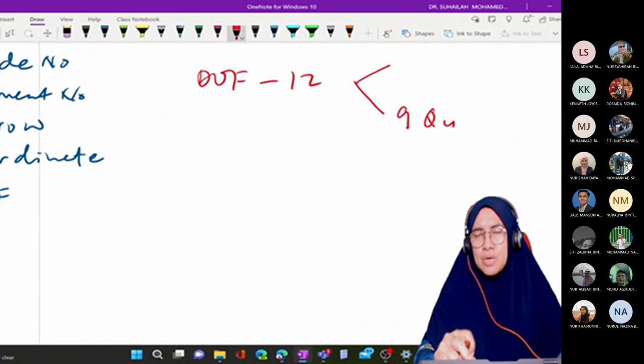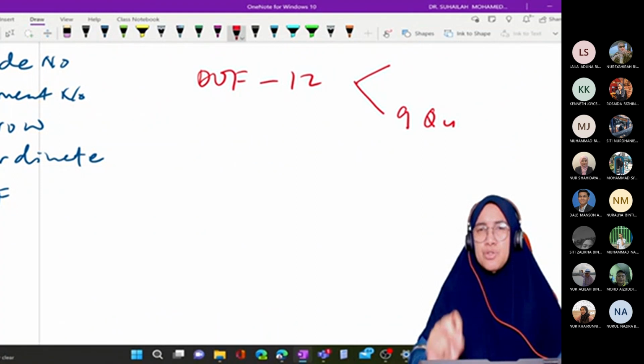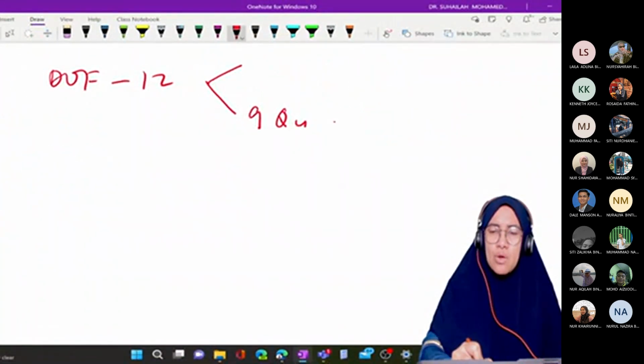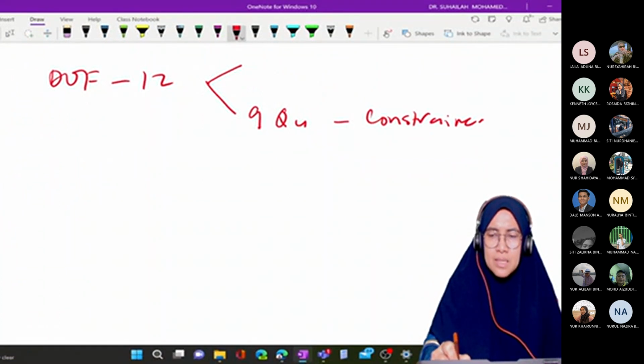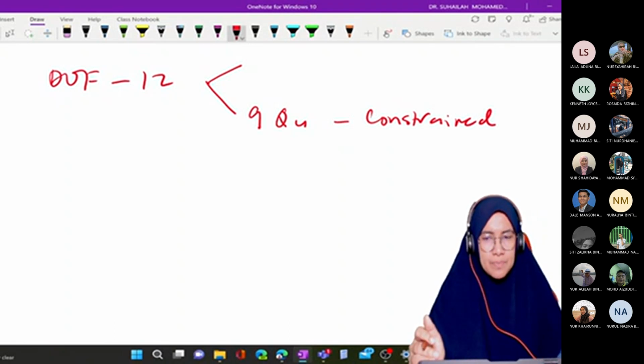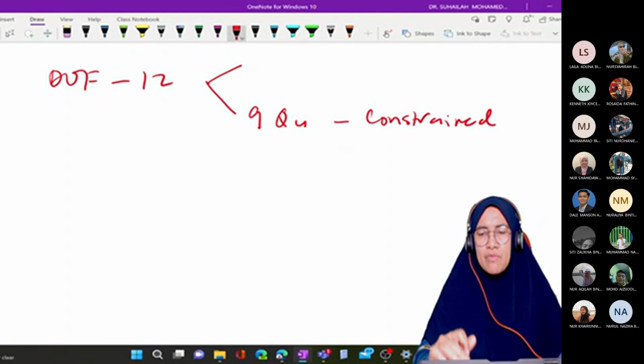Q is reaction, U is unknown. So there are 9 unknown reactions located in the constrained degree of freedom system, because in the constrained system there is no movement, because of the support.